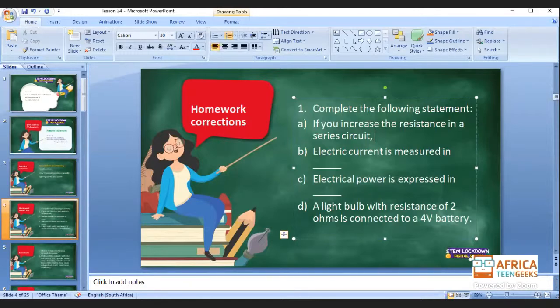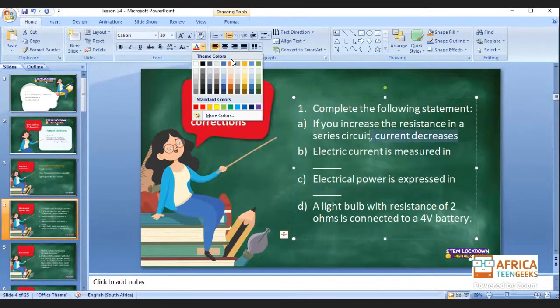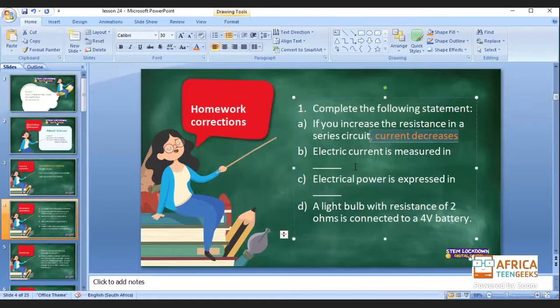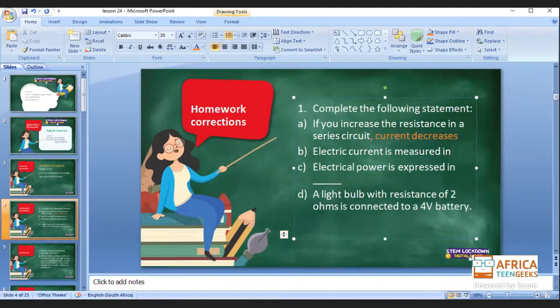Agreed, current decreases. Then, what SI unit do we use for electrical current? Electrical current is measured in what? Amperes. Yes, in amperes. Correct.